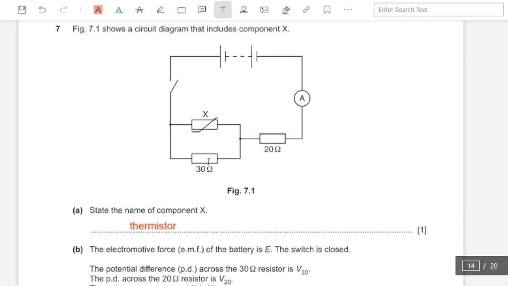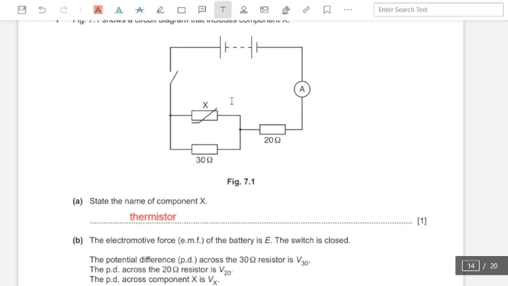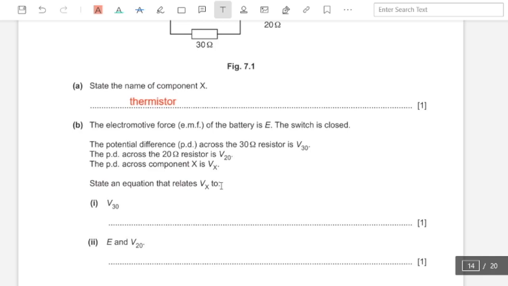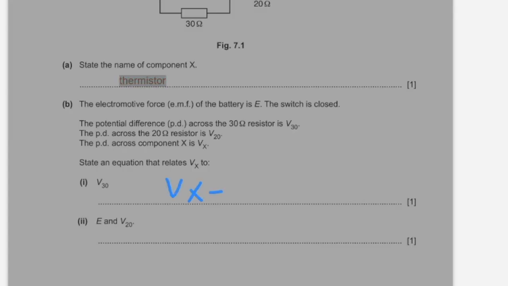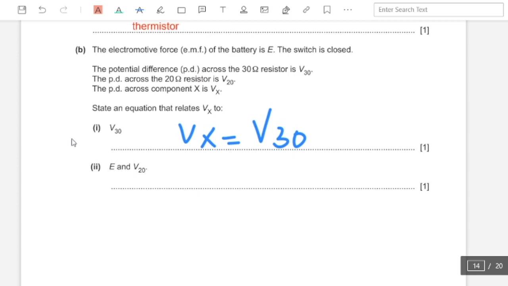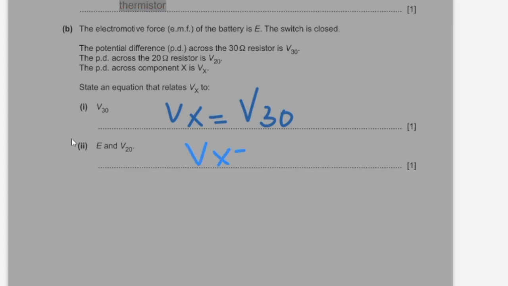So V30 over here is in parallel to X, and since these components are parallel to each other, both of them are supposed to have a potential difference of equal value, and so that means Vx is equal to V30. State an equation that relates Vx to E and V20. So if we subtract V20 from the total potential difference, this would give us the value of Vx and V30. So the equation which you can use over here is Vx is equal to E minus V20.